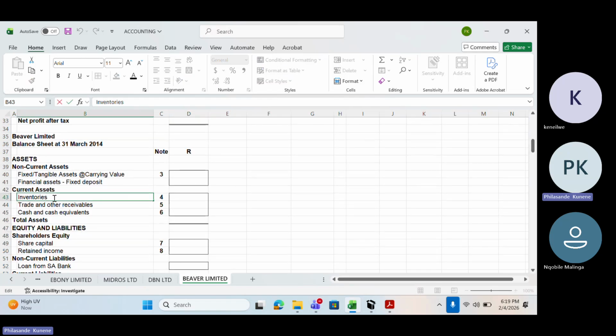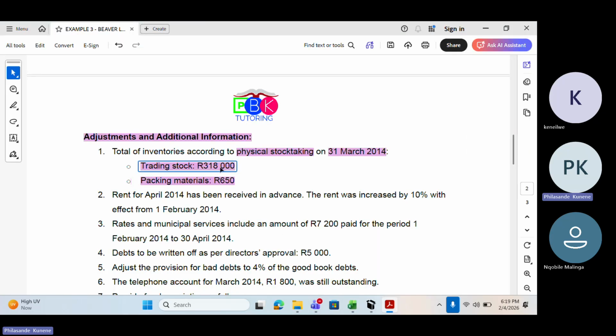They fall under inventory, which is note number 4. So under inventory, I need to show my trading stock of 318,000. This is the one I will be recording in the balance sheet, because that is the physical stock that was counted at year end. That is the stock that exists at year end. We are sure of that because we have counted it physically.